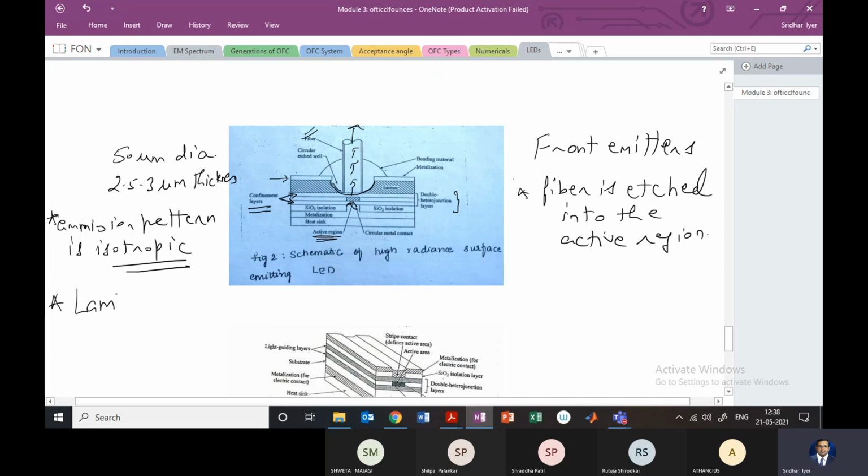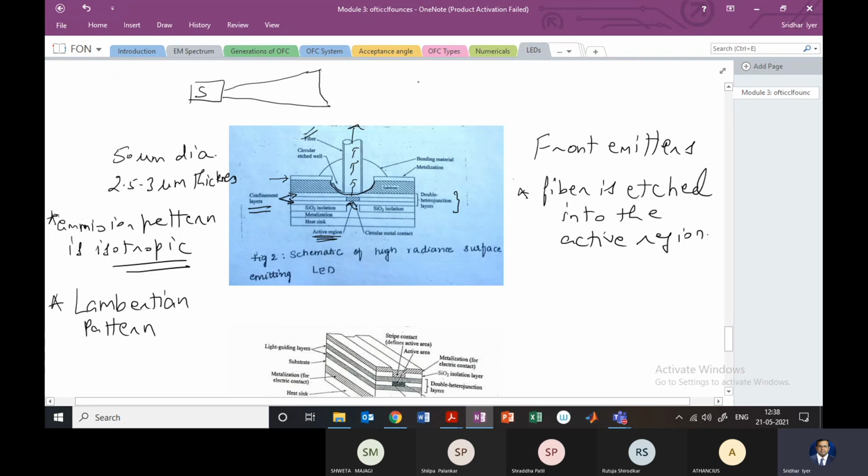This is known as a Lambertian pattern. So just to draw it for you on top. If this is, let's say, the source, the light which comes out of the source follows a structure like this. So this will be the light, and this will have some angle.